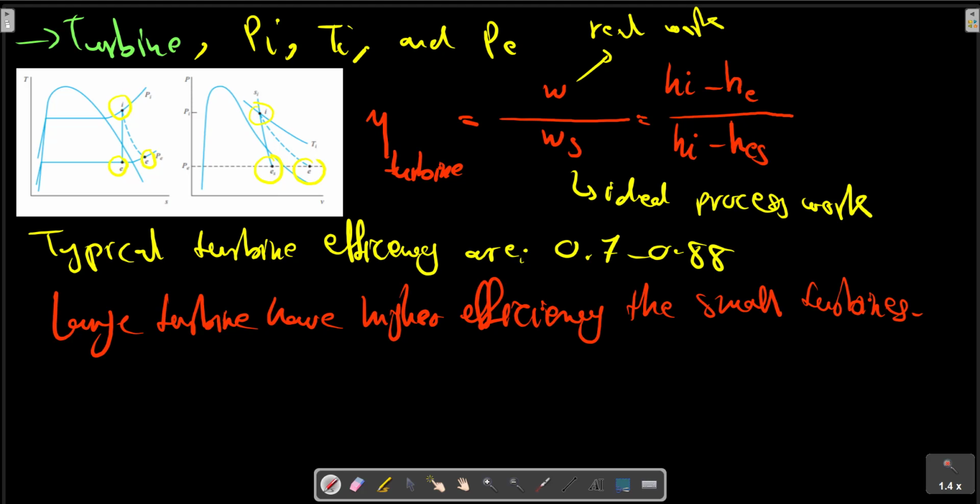It is important to keep in mind that the turbine efficiency is defined in terms of an ideal isentropic process from Pi, Ti to Pe, even when one or more of these variables is unknown.